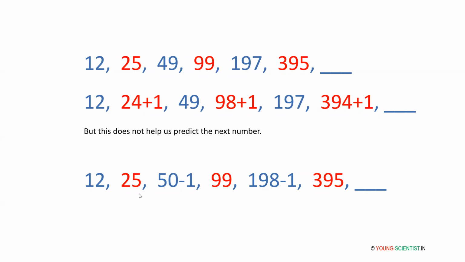So 49 is 25 times 2 minus 1. 197 is 99 times 2 minus 1. 395 is 197 times 2 minus 1. And then the next number must be 395 times 2 minus 1. And that will give us the answer as 789.